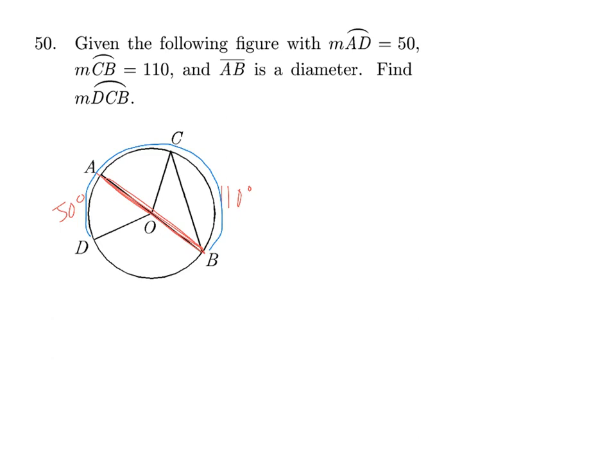Let's see what I'm going to do here. Since this is a straight line, this is 110 degrees here, so that makes this 70 degrees. So the arc measure that I'm looking for is 50 plus 70 plus 110, which is 230. Done.